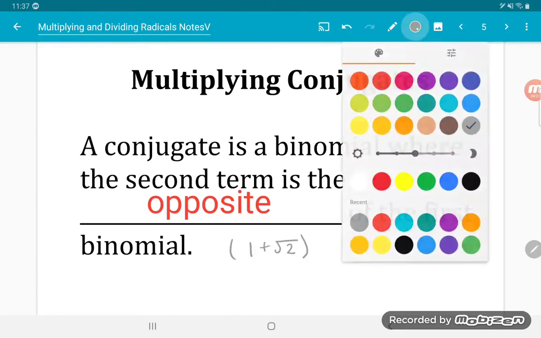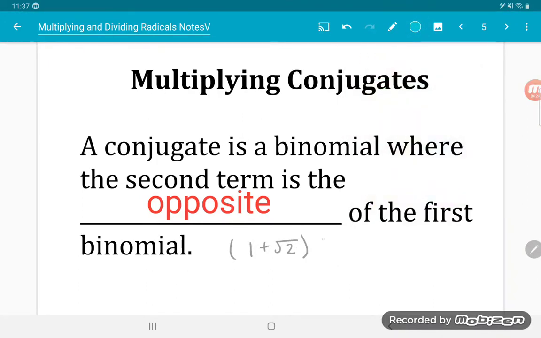In order to get the conjugate, the second term is the opposite. So 1 minus the square root of 2. What's important about both of these is the term in the middle. The conjugate has the opposite sign in the second term.